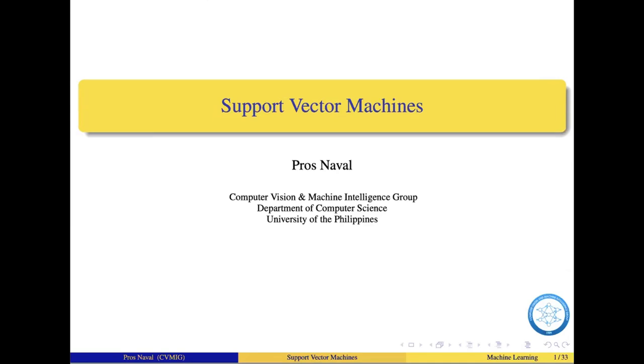Shortly after the SVM was proposed in the mid to late 90s, it became known as the neural network killer due to its very good performance, in fact superior performance compared to the neural network. And also it has that nice mathematical property of being globally optimal.